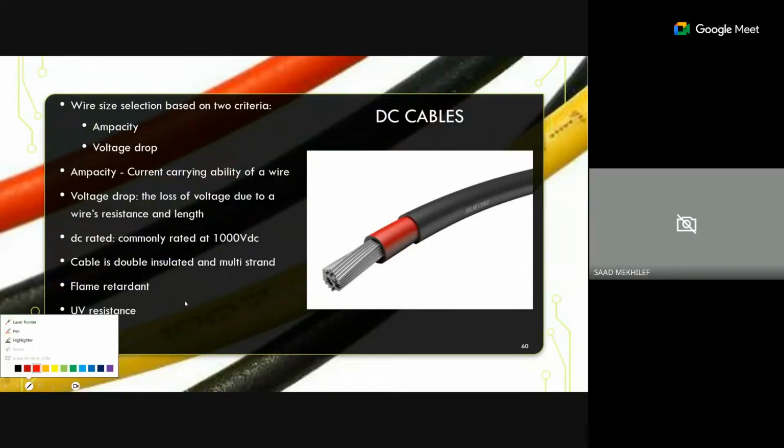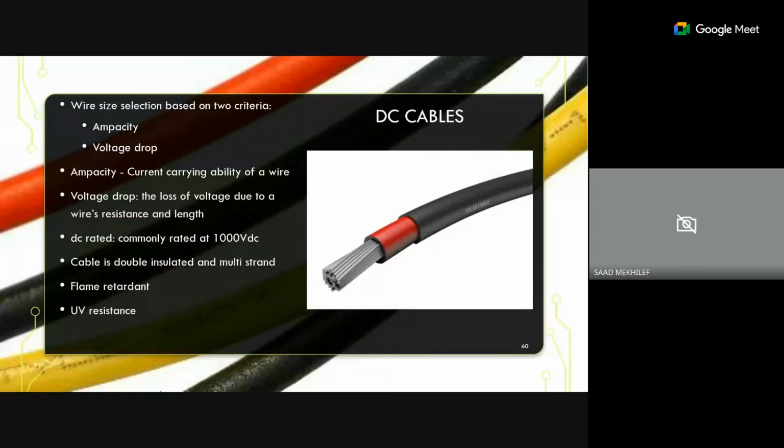So very important also in PV system design, many people make this mistake. They use the same cables on the AC side and the DC side, especially if you have grid connected inverters. Grid connected inverters have 2 parts. You have the DC side, which is the PV, DC-DC converters, inverter. That is DC.